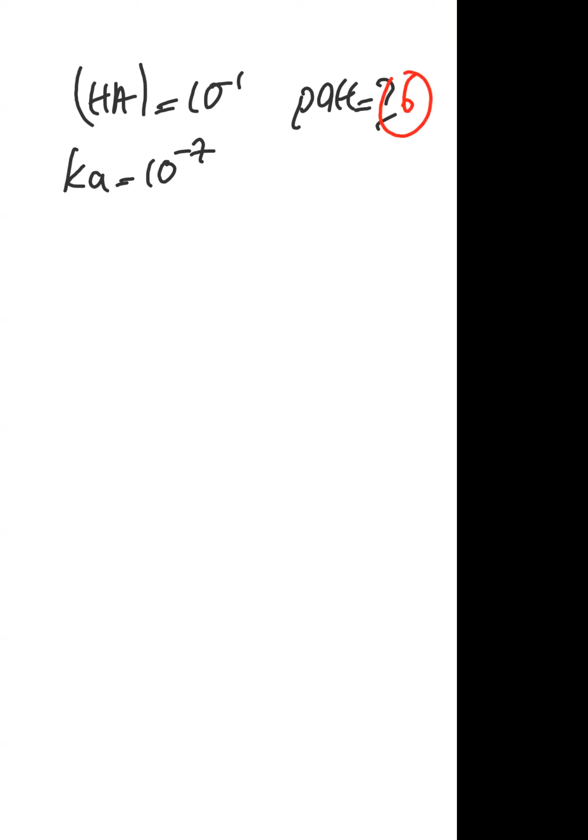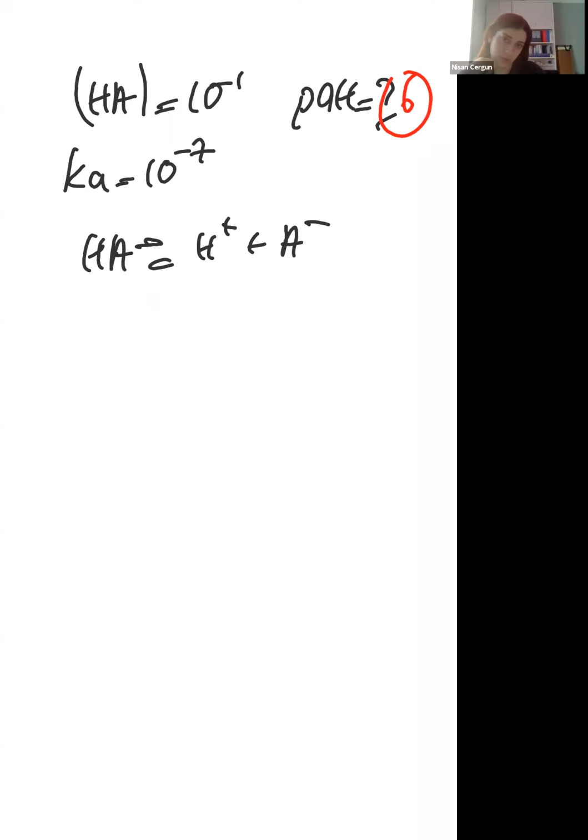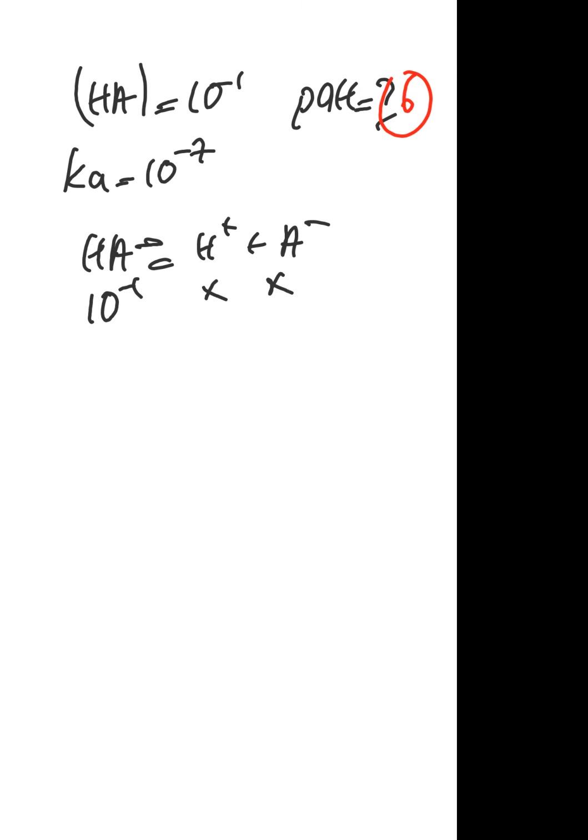Okay. Then we have an equilibrium of weak acids. Then it will ionize into such and such ions. Originally, what's the concentration of HA? Do we have any information about this one? We have 10 to minus 1. Then what about the hydrogen ion concentration? No, it's going to be X, baby. I just want you to show me your work, baby, calculations.